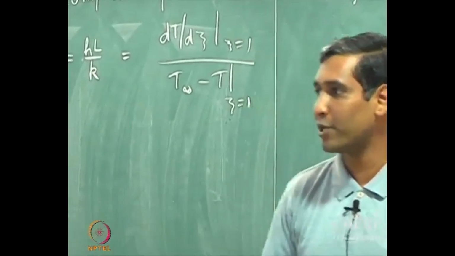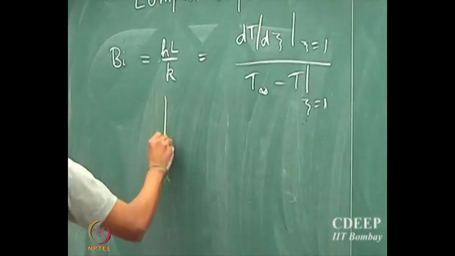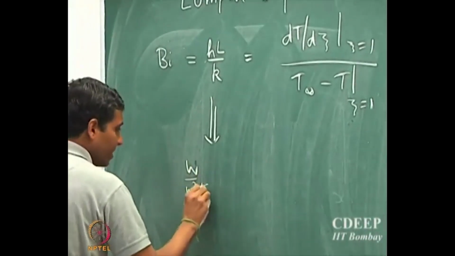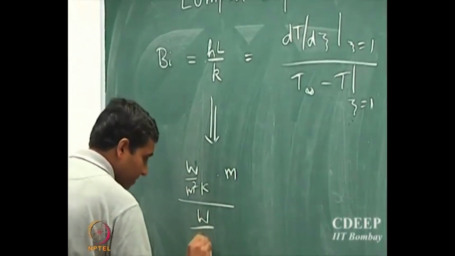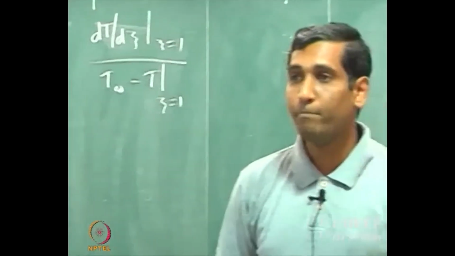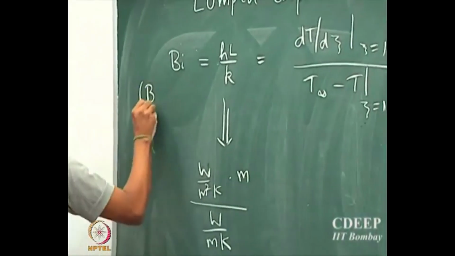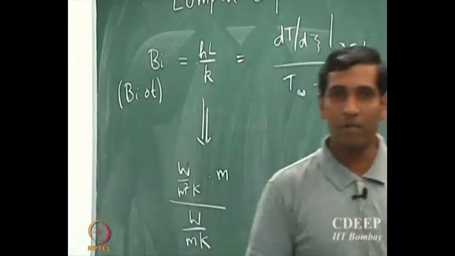So heat transfer coefficient unit is watt per meter square per Kelvin. Okay. So the units here are watt per meter square Kelvin multiplied by meter divided by watt per meter Kelvin. So this is a dimensionless quantity. It's called the Biot number. It's spelled B-I-O-T. It's called the Biot number. Okay.